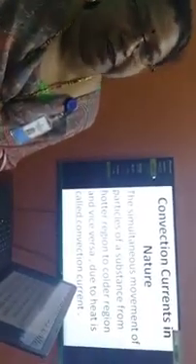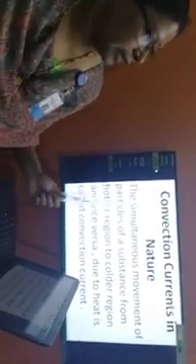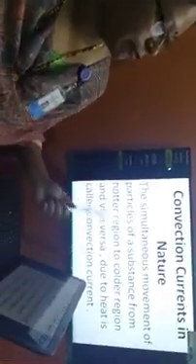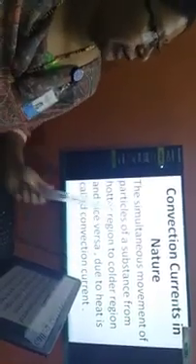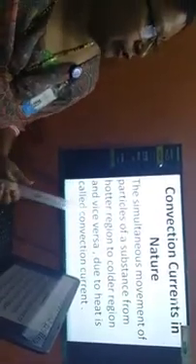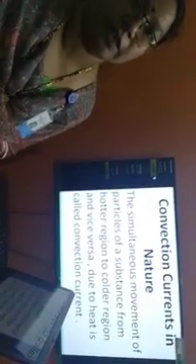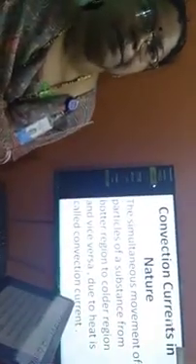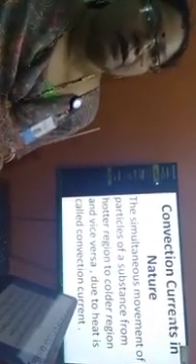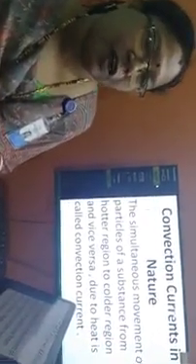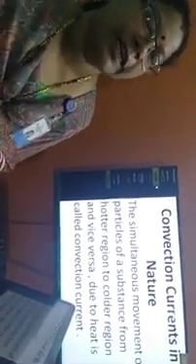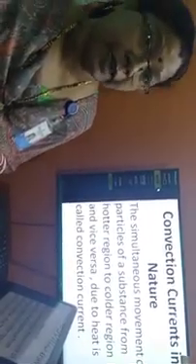So what is a convection current? The simultaneous movement of particles of a substance from a hotter region to a colder region and vice versa due to heat is called a convection current. See, in nature, all places do not get heated up in the same way.